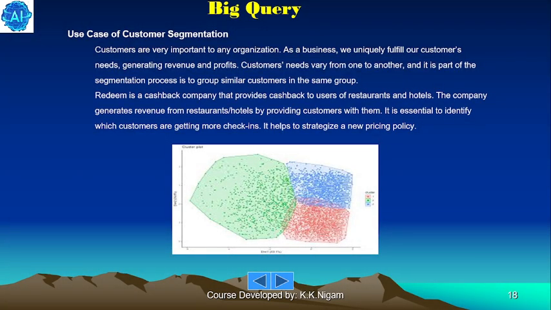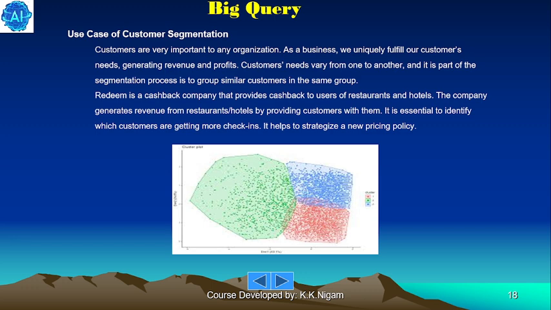Use cases of customer segmentation. Customers are very important to any organization. As a business, we uniquely fulfill our customers' needs, generating revenue and profits. Customers' needs vary from one to another, and part of the segmentation process is to group similar customers in the same group.